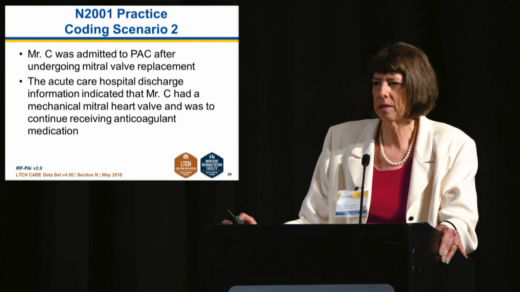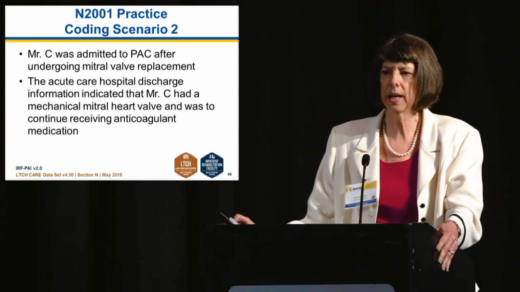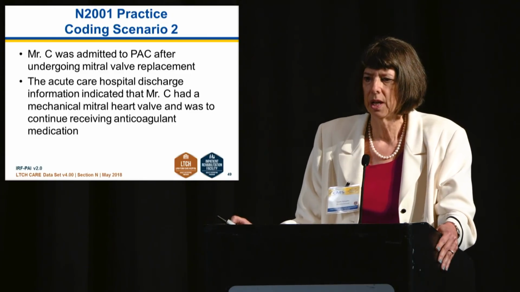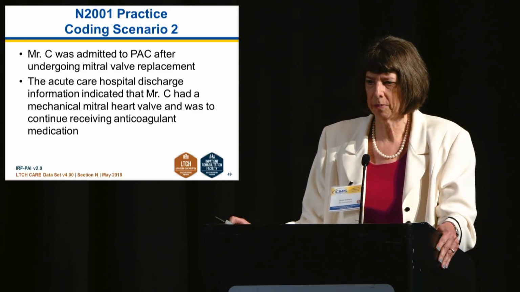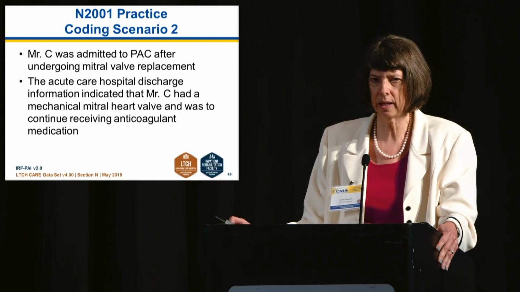So let's look at practice scenario 2 about Mr. C. He was admitted to the PAC after undergoing mitral valve replacement. The acute care hospital discharge information indicated that Mr. C had a mechanical mitral heart valve and was to continue receiving anticoagulant medication.